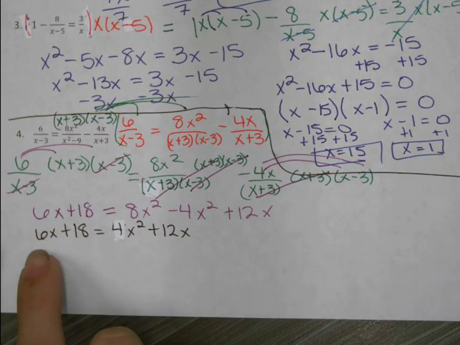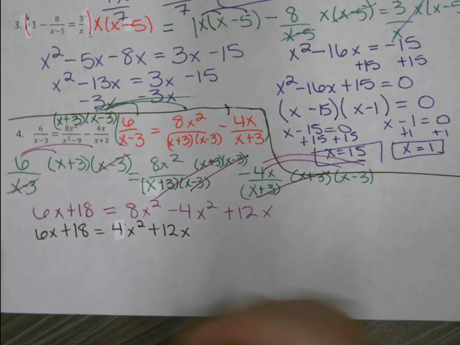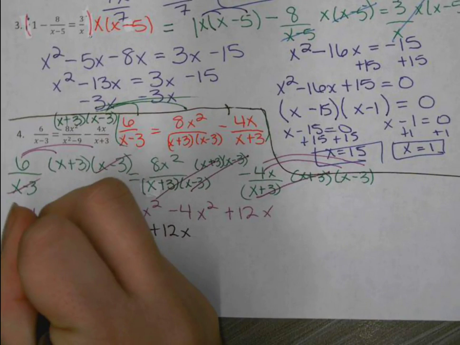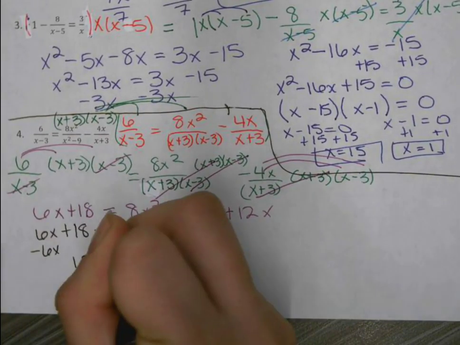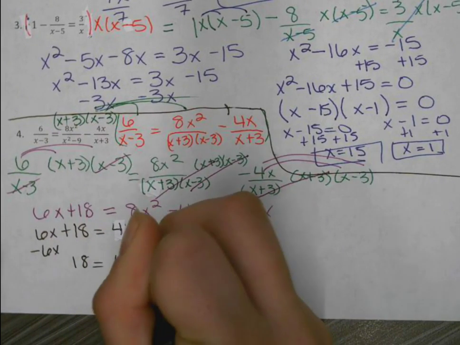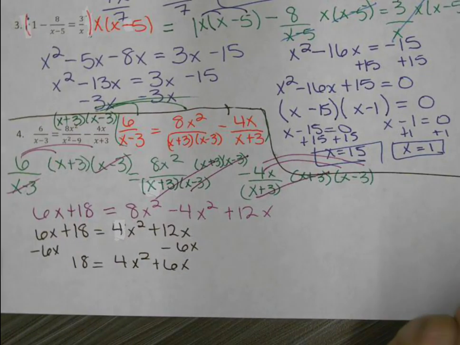I'm gonna subtract 6x because I want to have everything all over on one side. Okay, then what?